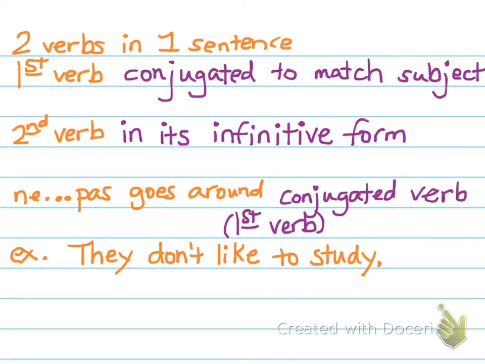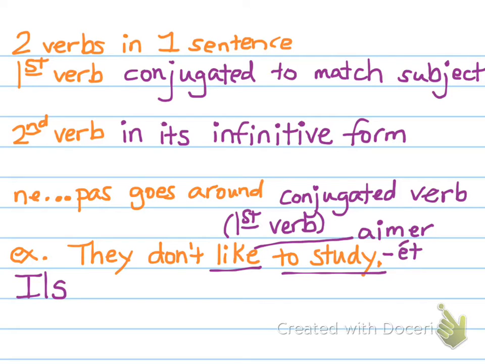So if I want to write the sentence, they don't like to study. They, we'll just assume it's a mixed group, so we'll say ils. Now the verb for to like, that's aimer. And the verb for to study is étudier. So I have two verbs in this sentence. Aimer is the first one, so it's going to be conjugated to match ils, and I have to make it negative.